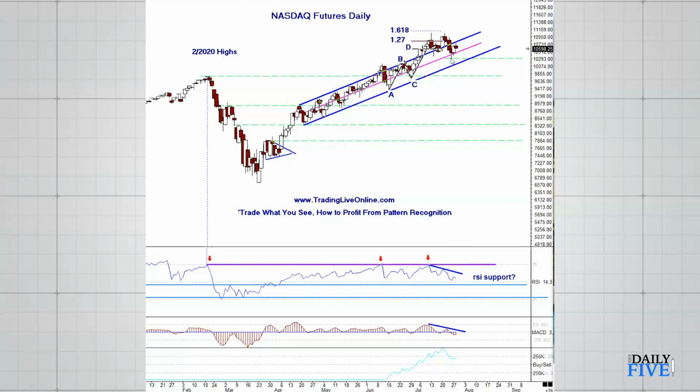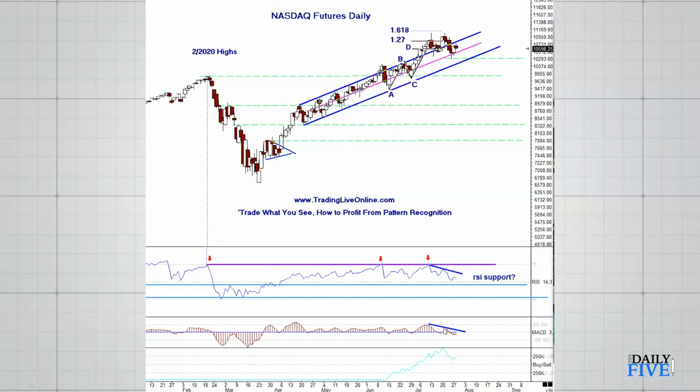I've got a green horizontal line marked, and this is going to be important support for this market to hold if we're only going to see a little bit more of a correction. If we break down through this trend line here and the green horizontal support, then we'll probably see a test of the 2020 highs and possibly a deeper retracement.